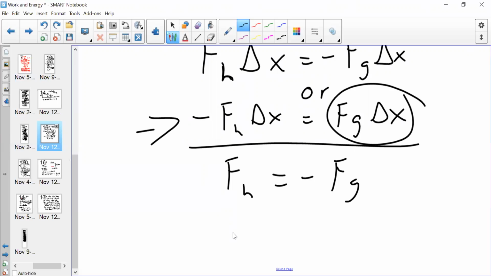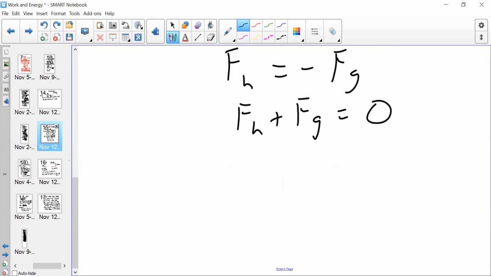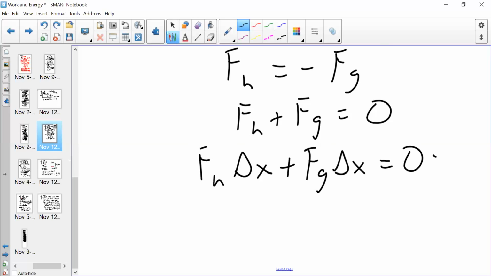So you can put these together, and that equals 0. That goes back to Newton's first law. Now you put the displacements on there, which are the same. So that's one way to show that the total work done in a closed path by gravity is going to be equal to 0.